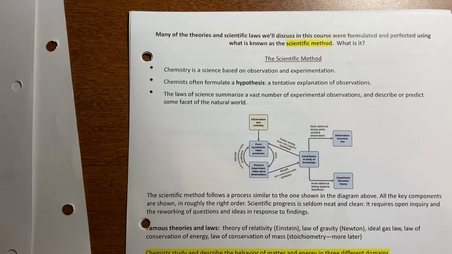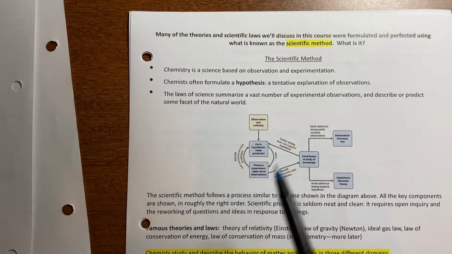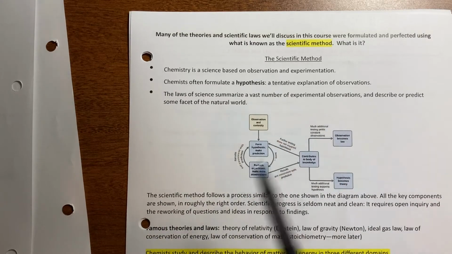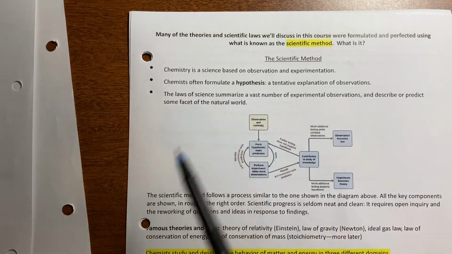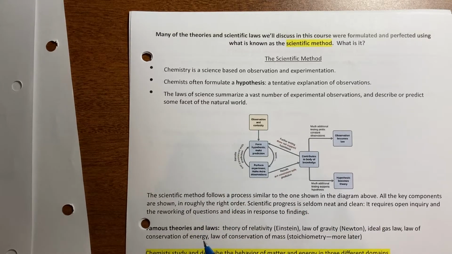But chemistry is a science based on observation and experimentation. That's really the scientific method. You make observations, you come up with a hypothesis, which is just an educated guess, which is a tentative explanation of observations. And then you do some experiments. The laws of science summarize a vast number of experimental observations.